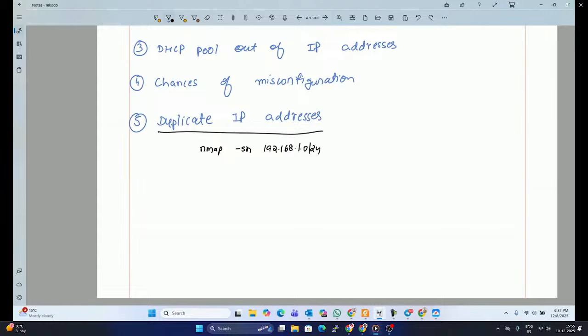Duplicate IP addresses can create problems, so we always have to make sure that a server is not assigning duplicate IP addresses to the machines, and this will help us solve the problems related to duplication.